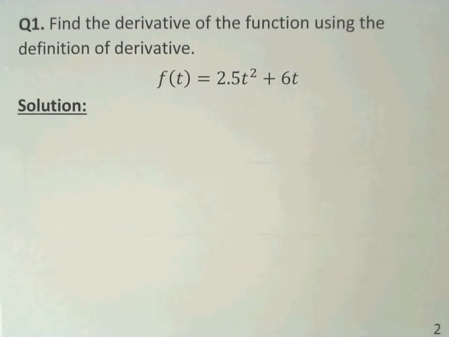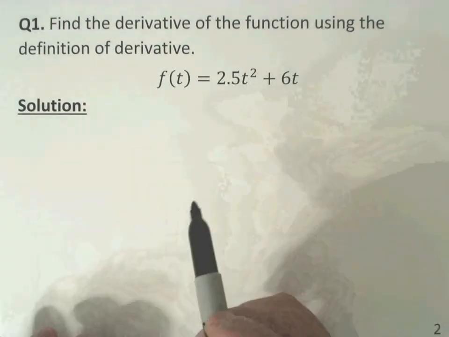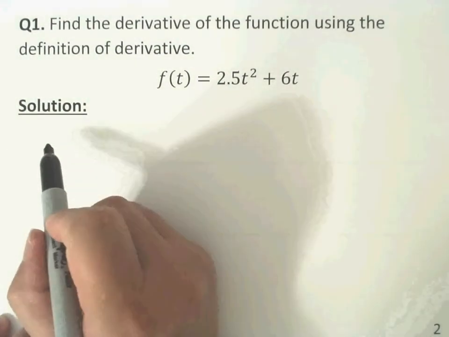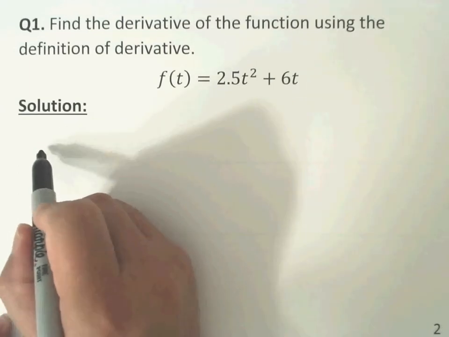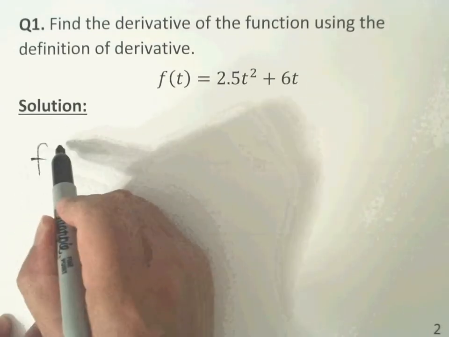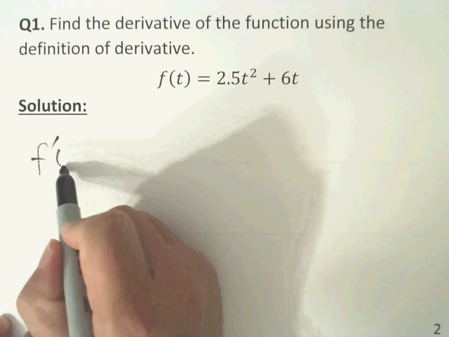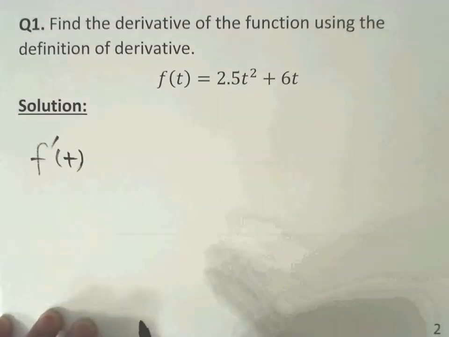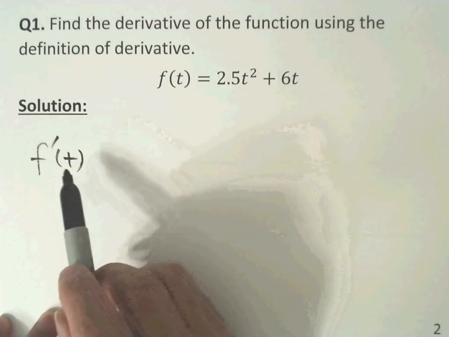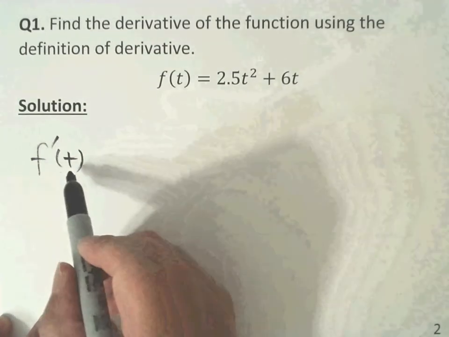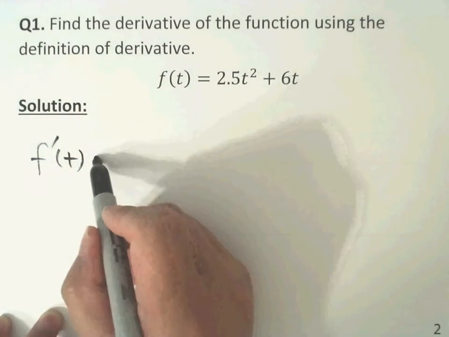We have f prime of t. This is the derivative function, which means the derivative at a specific t, but t is a variable, of course.